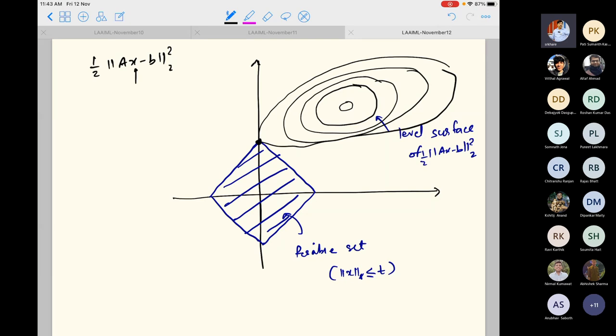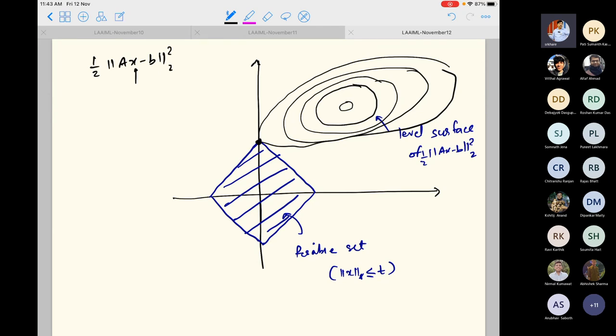Now imagine this thing happening in a higher dimensional space. In a three-dimensional space, you will have a generalization of this diamond, right? So you'll have all those different points on the x, y, z axes, and you will join all those points and construct this generalization of the diamond into 3 dimensions.